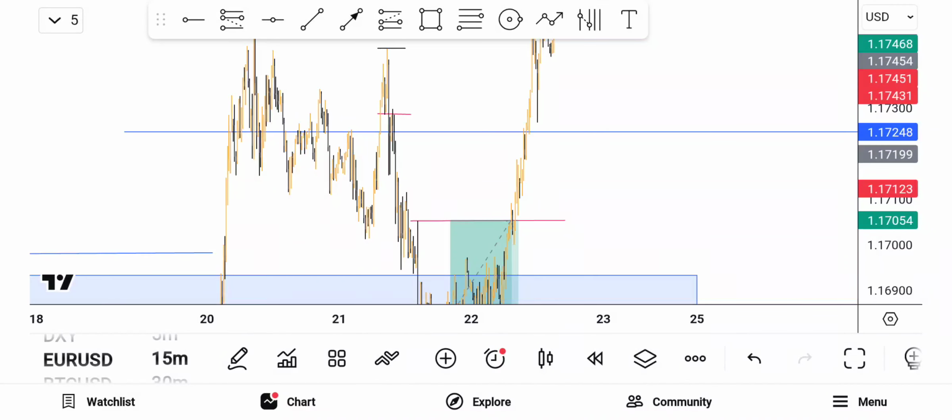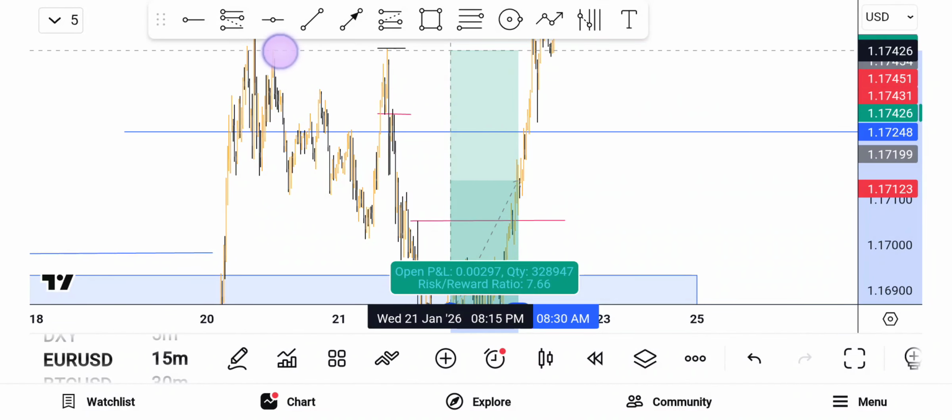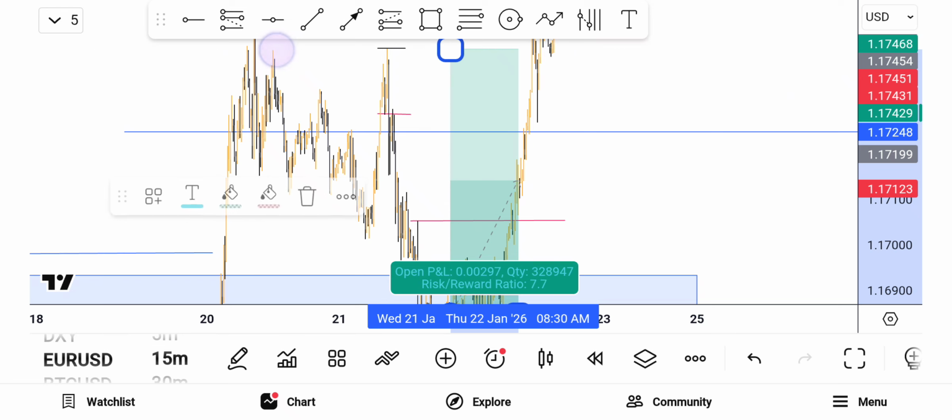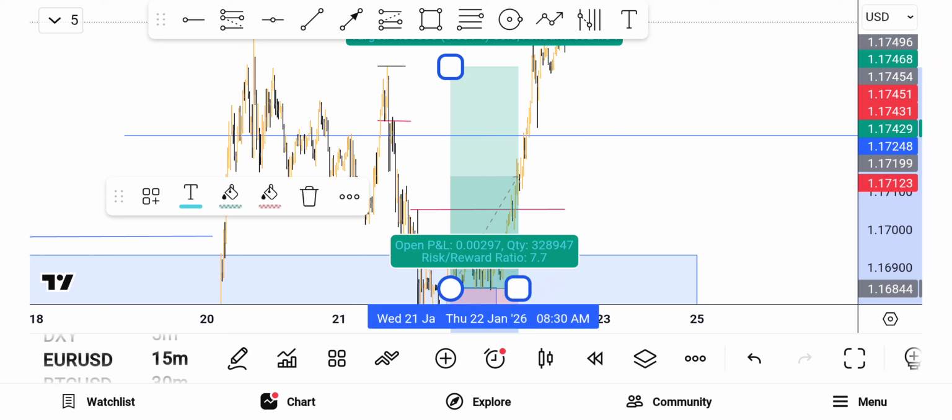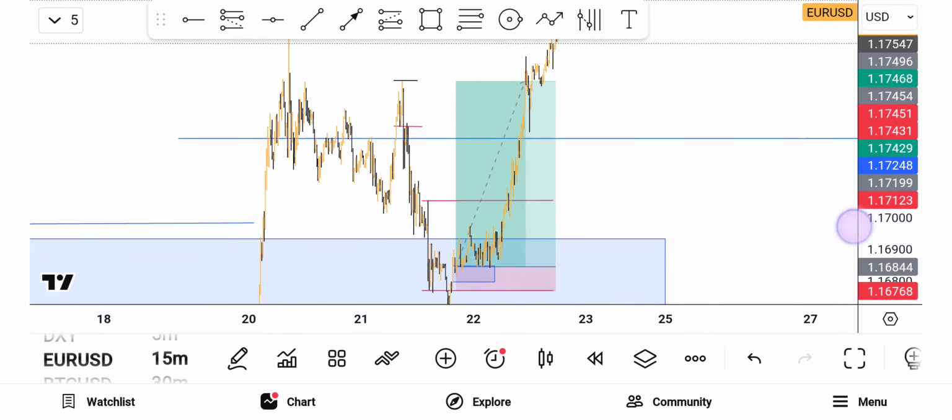But don't forget, as I said, we're following structure. We could have held this trade to the high of this higher high, which is 7 hour, which is very, very positive, because we are following the structural pattern, market structure, and our order flow. You understand?